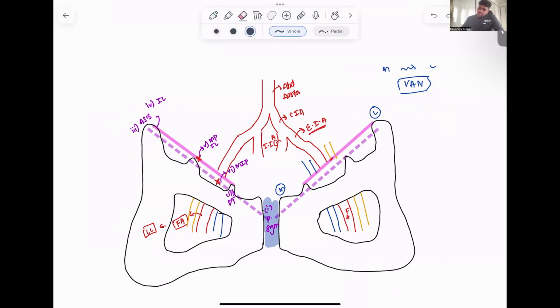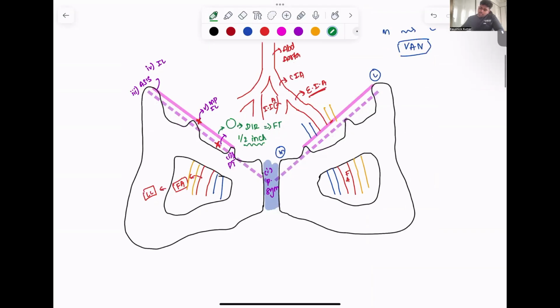Another important clinical significance of knowing mid-inguinal point is to locate deep inguinal ring. Deep inguinal ring is a deficiency in fascia transversalis that is located exactly above mid-inguinal point, half an inch above mid-inguinal point.